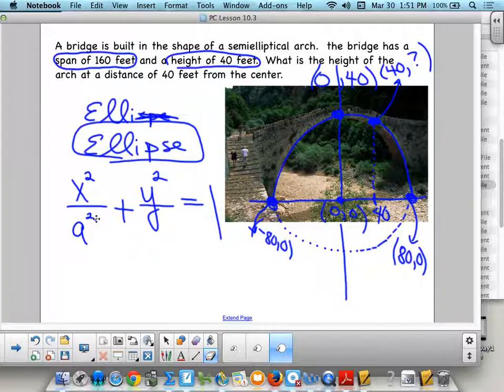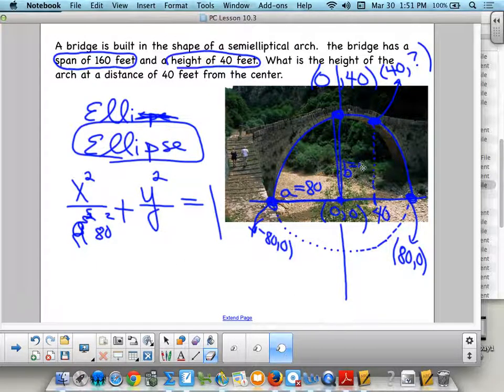You have to think my A value is from here to here. How far? 80. Your 80 should go right there. 80 squared. This is where the A squared should have gone, under the X squared. All right, what goes under the Y squared? The B value. B is what?